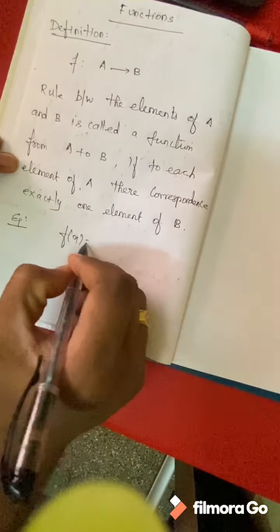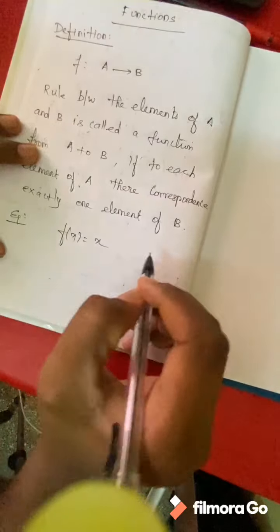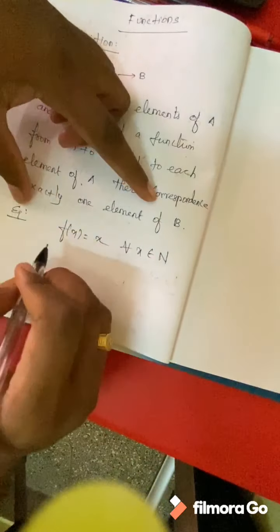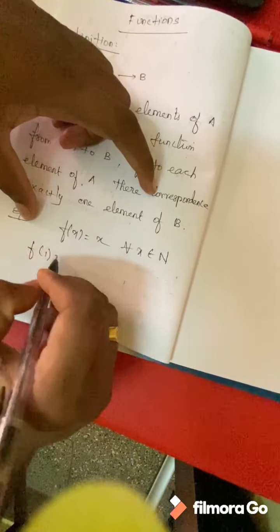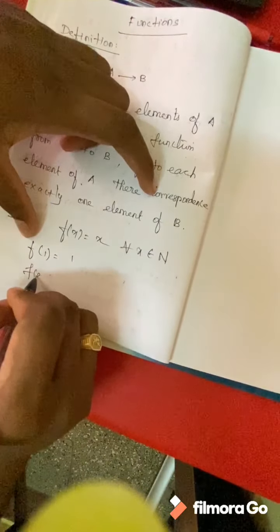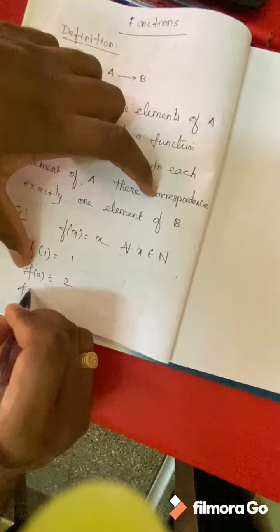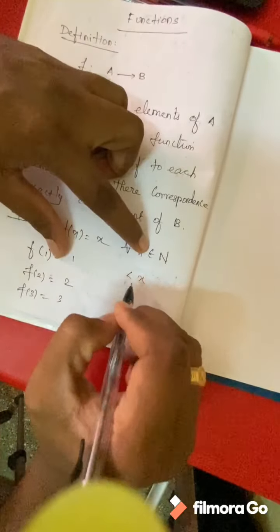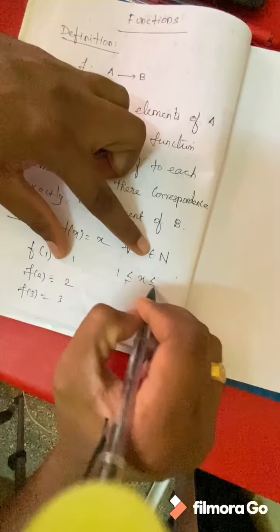Let us take a function f of x is equal to x for all x belongs to the set of natural numbers. So f of 1 is 1, f of 2 is 2, f of 3 is 3. So I can define x from 1 to 10.